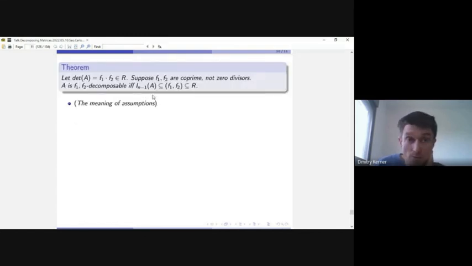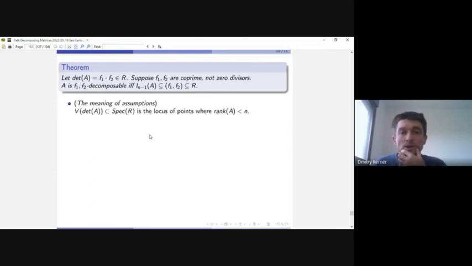Well, so let's go back to the first statement, the first theorem. I wanted just to see the geometry of the assumptions. So once again, A is F1, F2 decomposable if and only if this ideal of almost maximal minors sits inside this ideal. Now the meaning of the assumptions. The determinantal locus is exactly the locus of points where the matrix is degenerate, where the rank is smaller than n.